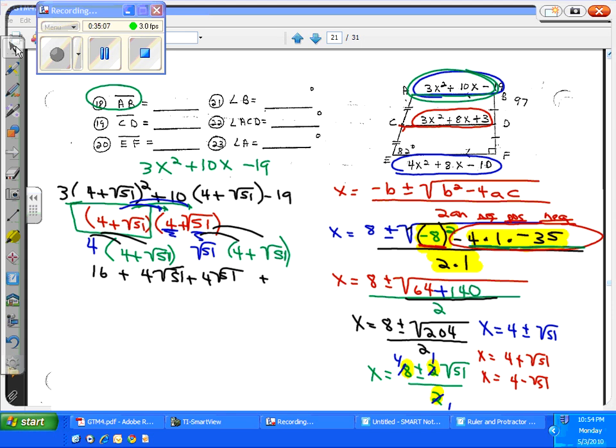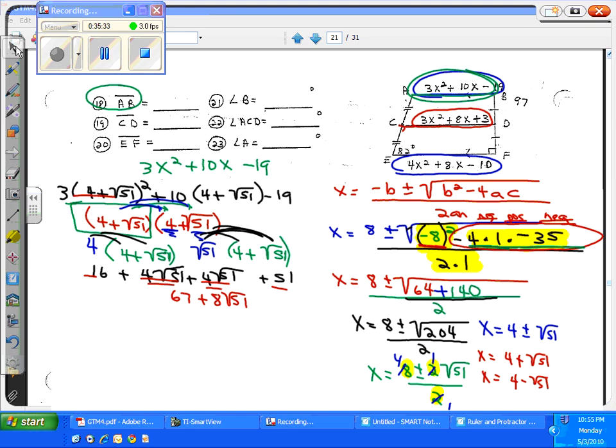And then plus square root 51 times square root 51. And so then we could combine like terms, our numbers with our numbers, and our square root 51s with our square root 51s, and we would have 67 plus 8 square root 51.